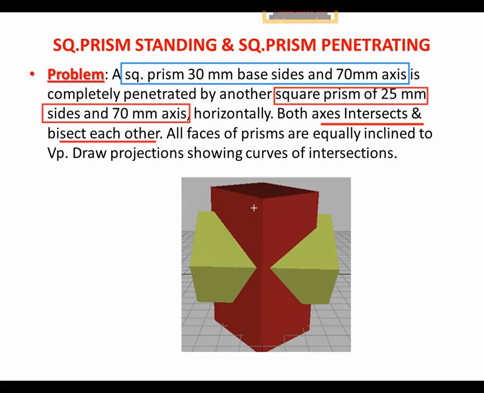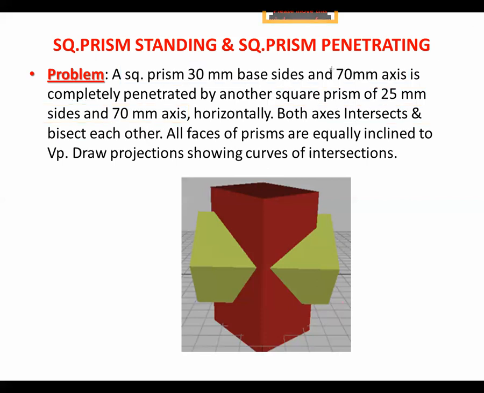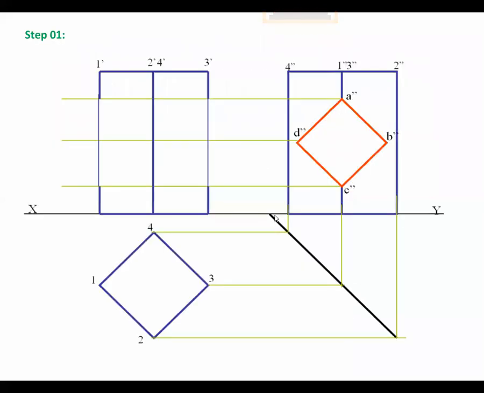In the diagram itself, the red colored prism indicates a vertical square prism standing on the ground floor on its corner, and one horizontal square prism is penetrating the vertical one, and the axes of the prisms intersect and bisect each other. We will see the solution of the same.